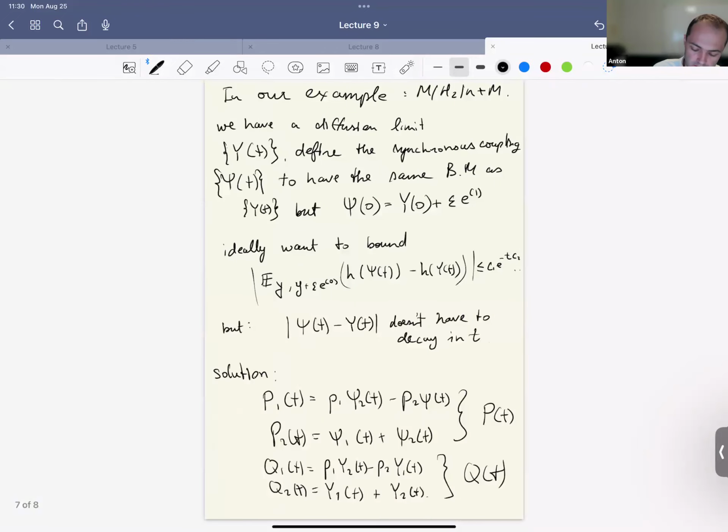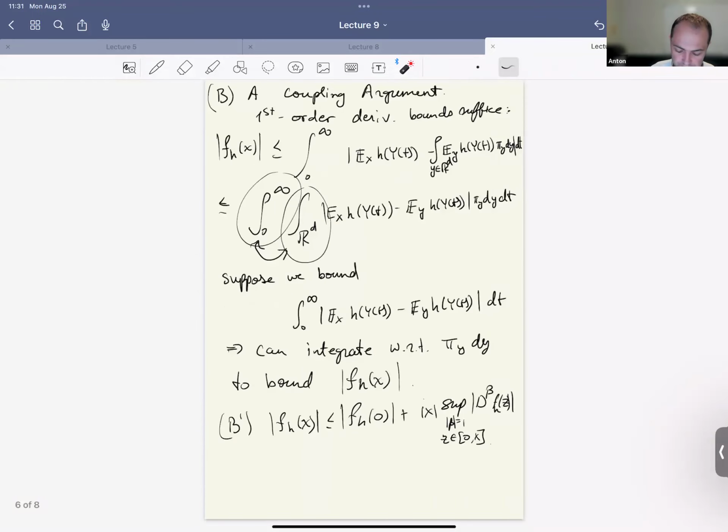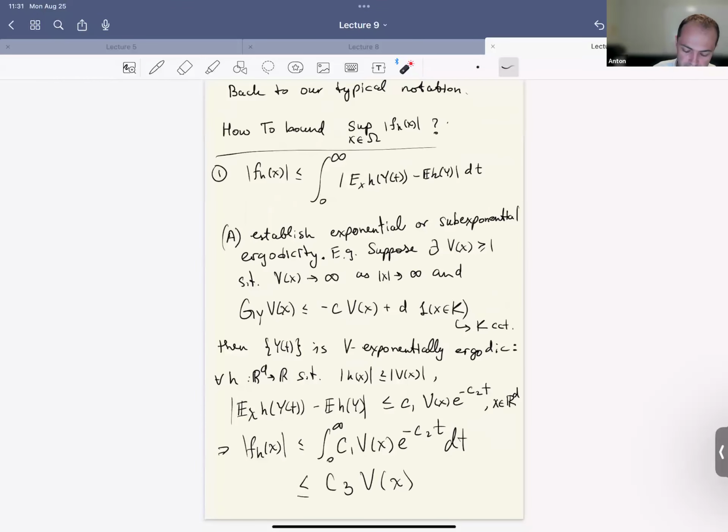Now, on the flip side, you might say, okay, I get your idea B, I get this procedure, but is it really the right way to do it? Is it not easier to find this exponentially ergodic Lyapunov function?